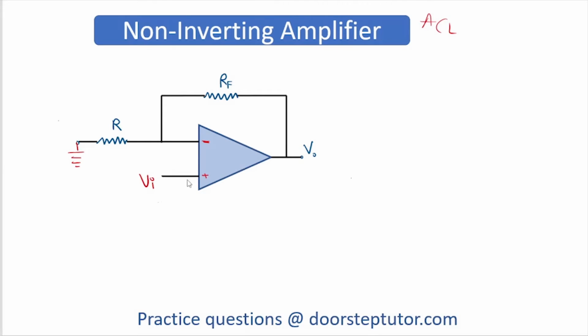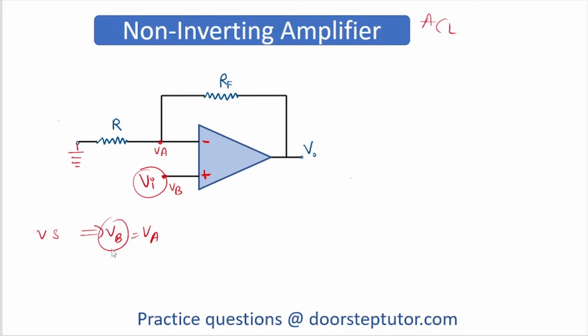Here you can see we have applied the input voltage at the non-inverting terminal of the amplifier. If we say this is node B and this is node A, then the amplifier is going to have a virtual short, and due to virtual short, the potentials at node B and node A are the same.